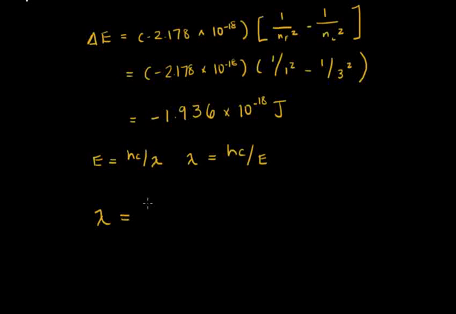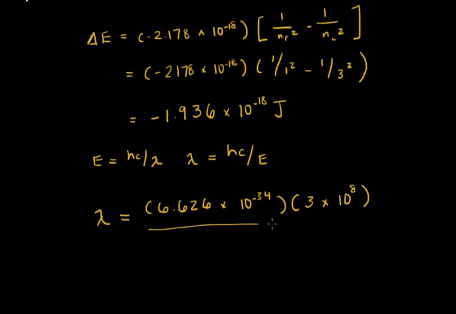So Planck's constant is equal to 6.626 times 10 to the negative 34. We're going to leave out units because units are a little complicated with Planck's constant. Speed of light, 3 times 10 to the 8th. And we're dividing by our delta E value. And actually this is negative because we're dropping from n equals 3 to n equals 1, so this energy is released.